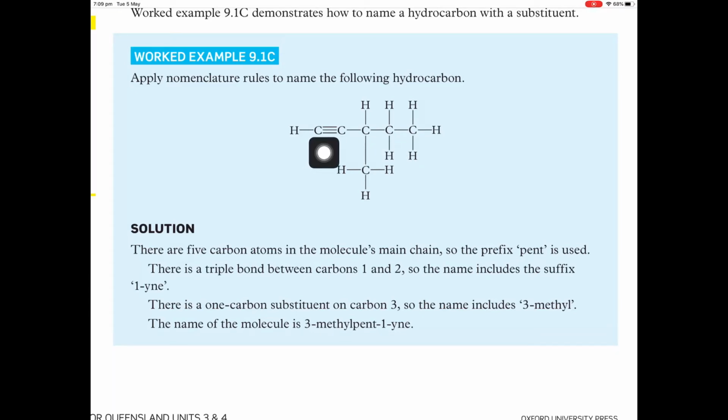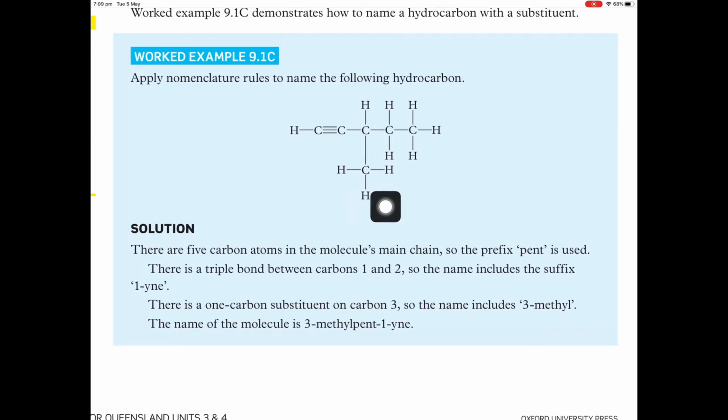Well, in this case, the most important aspect of this molecule is the triple bond. So we number it from 1 to 5 this way. So it'll be a 1-yne. Okay, so are there any side branches now? Well, yes, there is. There's this methyl group here. Methyl because it's an alkyl group that contains only one carbon. A 1-carbon side branch is a methyl.